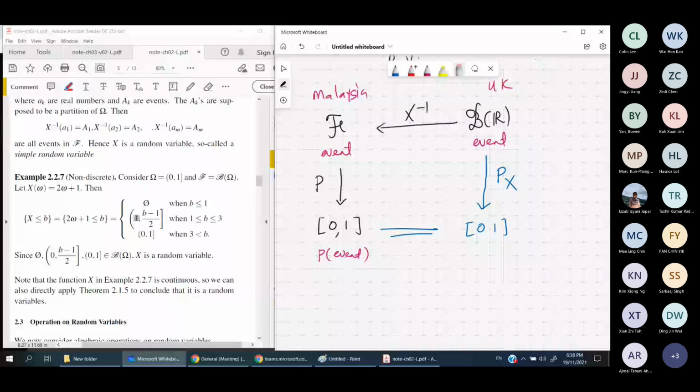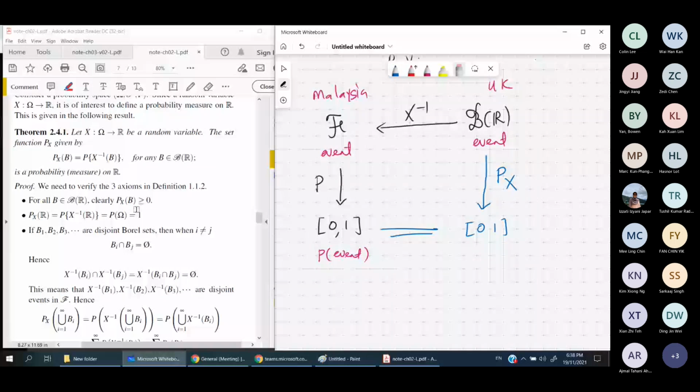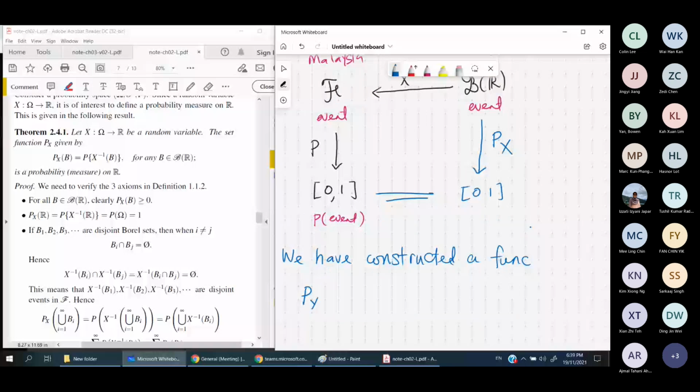Using this way, we have constructed this function. We simply put P_X of anything here to be P of the inverse of this, where we always take this to be an event, maybe a Borel set.